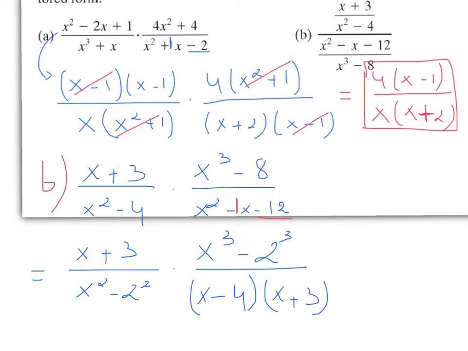We continue here. Now we have x plus 3. Now x squared minus 2 squared is a difference of squares, so it's going to be x minus 2 times x plus 2.